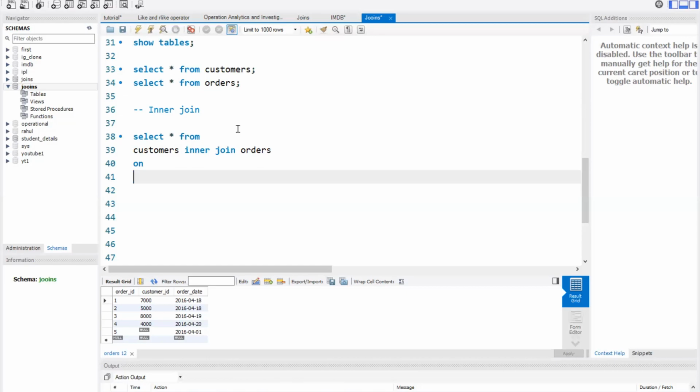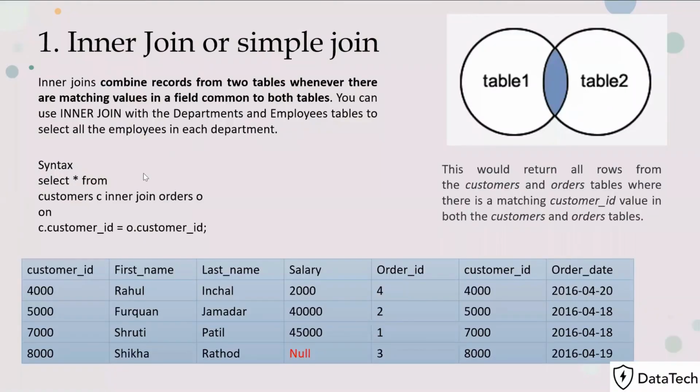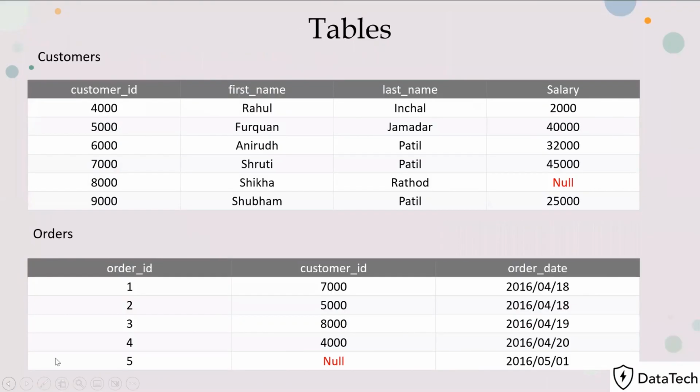How is the machine going to understand how I am comparing the values? Say for example, in both the tables, if I want to join both the tables, there has to be some columns through which I can compare and then give out the results, right?